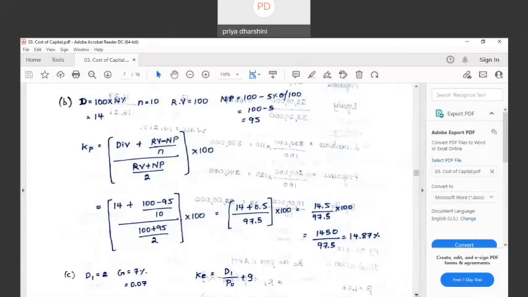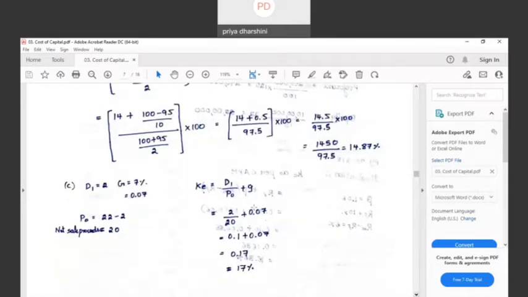For cost of equity, what have they told? They have told 22 rupees is the share price, 2 rupees is the flotation cost, which means 20 rupees is the net proceeds. About the dividend, dividend expected on equity share is 2 rupees, which means the given information itself is D1. They have not told it in the past tense or in the present tense; they are telling it only in future tense.